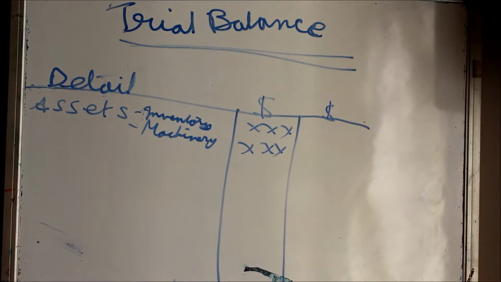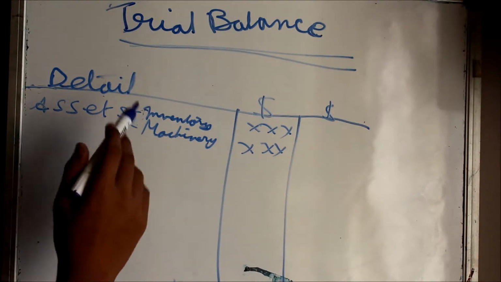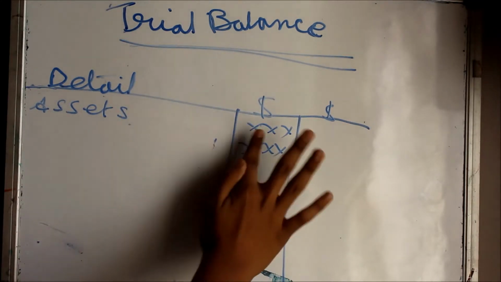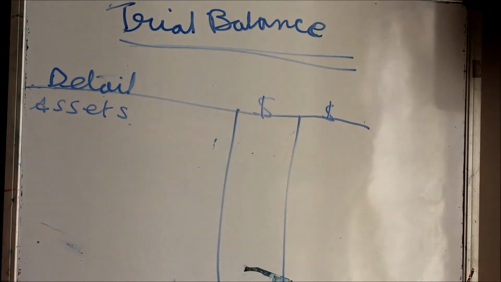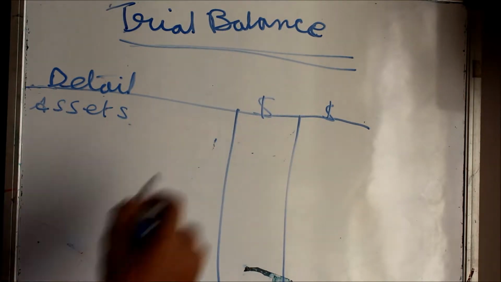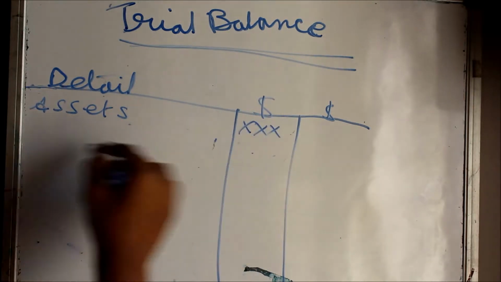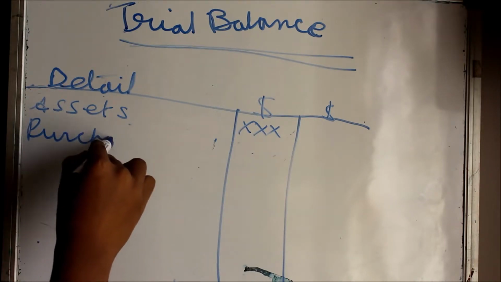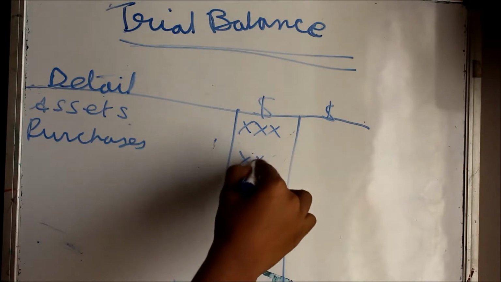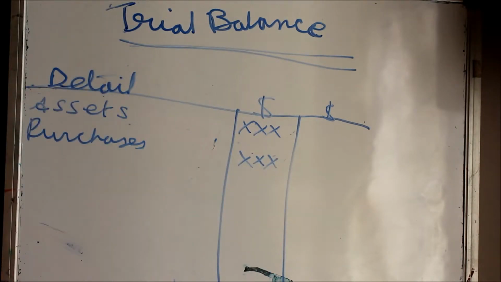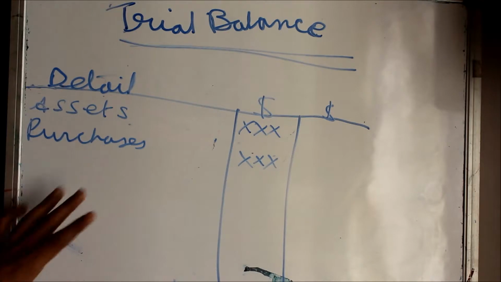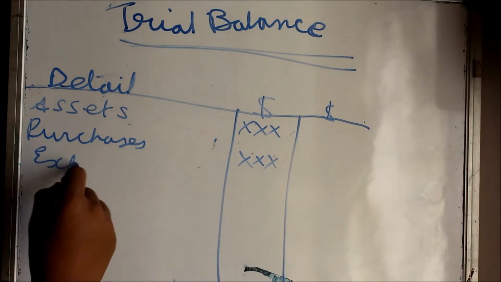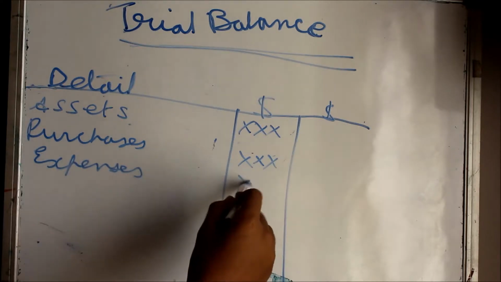The next types of entry which come on the debit side, I'm just going to list them down so now you will know. Assets will come on the debit side. The next type of entry, purchases, will come on the debit side because it's got a debit balance. All the items which I'm listing on the debit side have a debit balance at the end of the year. The expenses will come on the debit side.